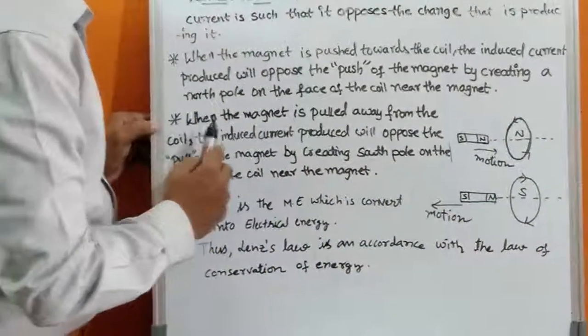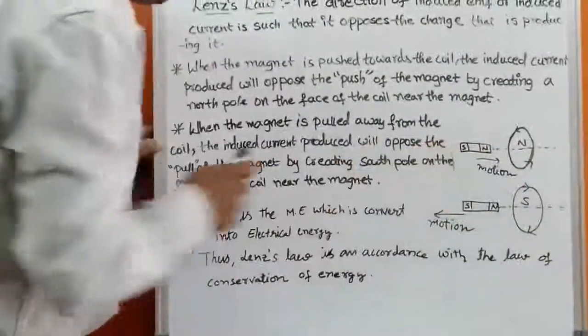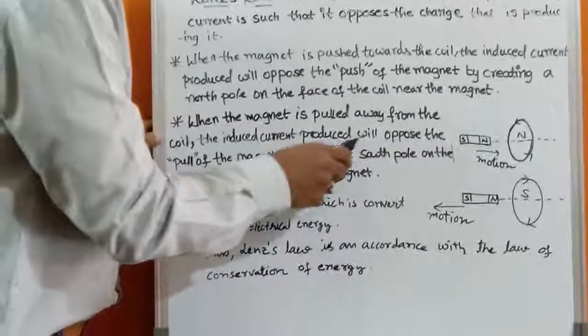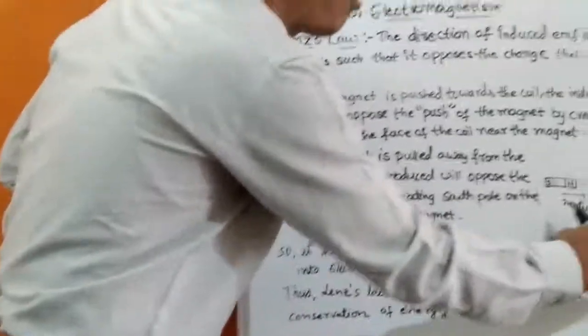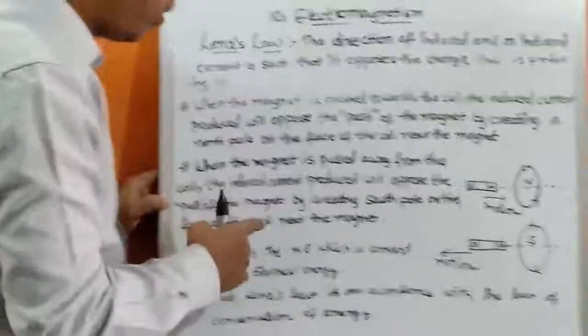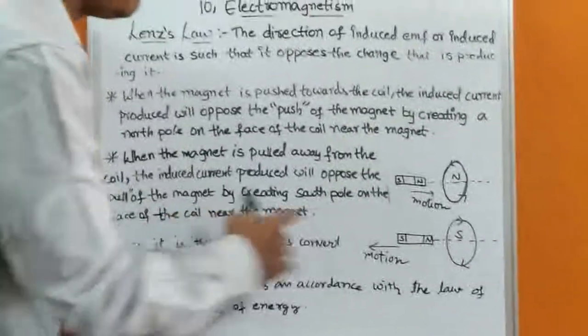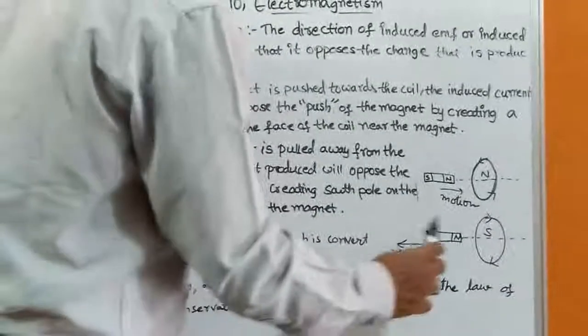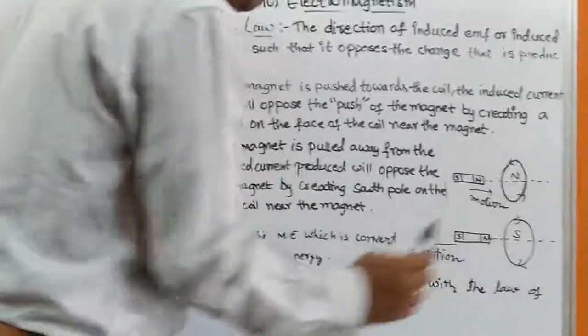So we can understand, when the magnet is pulled away from the coil, the induced current produced will oppose the pull. It opposes the pull. That's why we can observe the south pole on the coil, by creating a south pole on the face of the coil near the magnet. So near the magnet, here we can observe the south pole.